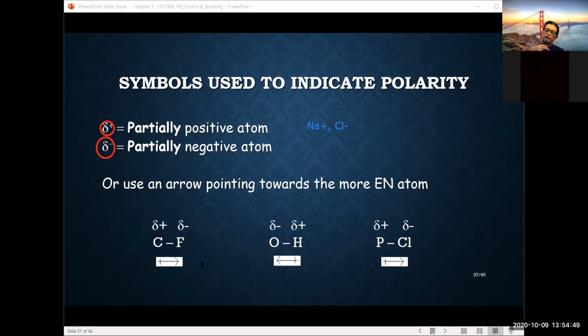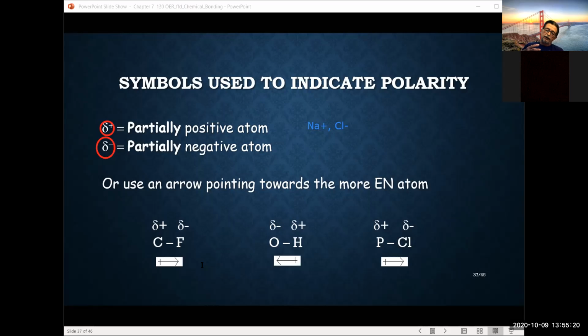As I bring it to my chest, outside my shirt and everything, there's an electron cloud down on the atomic scale. I've got nothing but electrons down there. As I bring the balloon closer to my shirt, the electrons on my shirt and the electrons on the balloon repel. And so on my shirt, they kind of go into me, if you will, creating a partial positive area on my shirt.